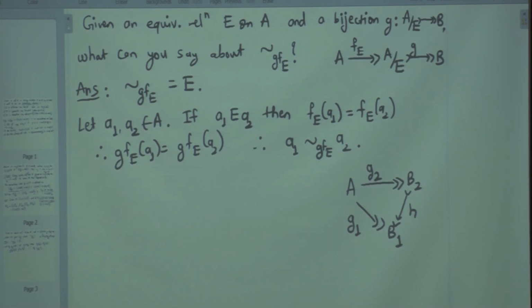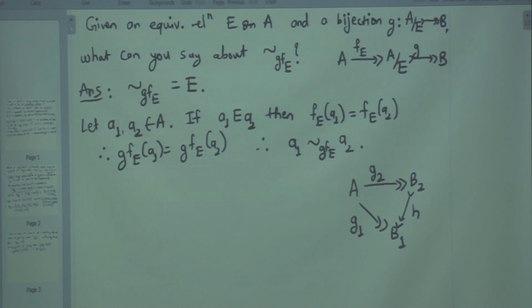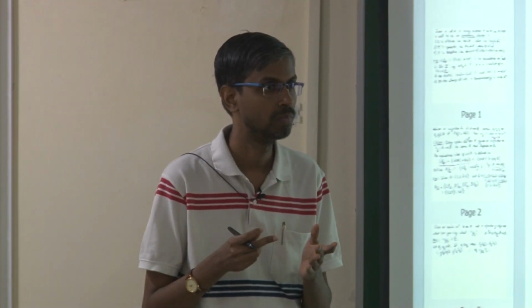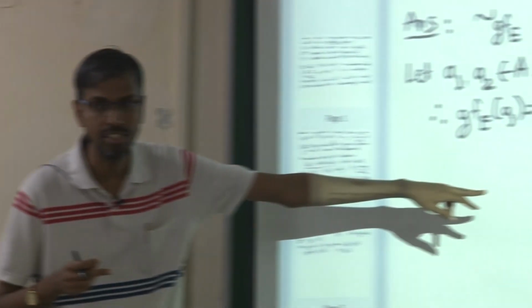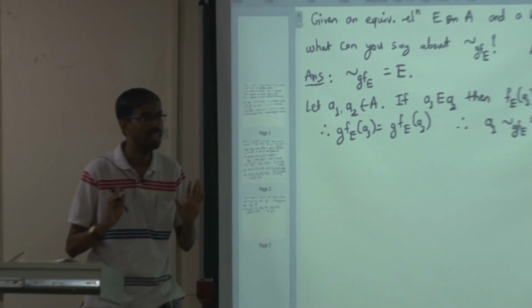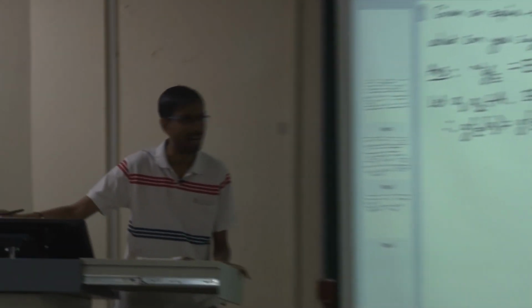So B1 up to a bijection, that is called a quotient. Quotient is not a single surjective map, but it is such an equivalence class. If there exists a bijection H, then the equivalence relation is the same. We just proved that.